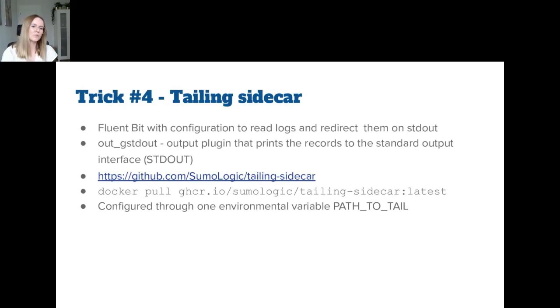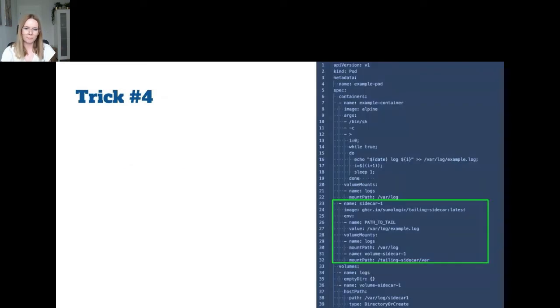The code of this container image can be found on GitHub. This image is also available in the GitHub container registry, and this image can be configured in a simple way, just by using an environment variable which must be set to the path to the file with logs that we want to have on standard output.